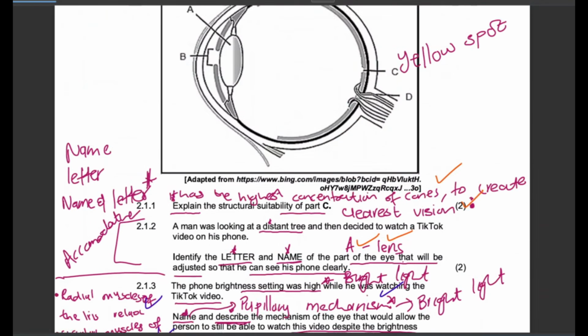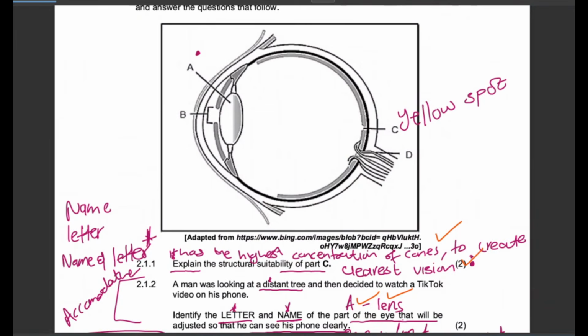Let's go back to our diagram. Remember, the impulses will need to be transmitted to the brain by this nerve over here, which is the optic nerve.